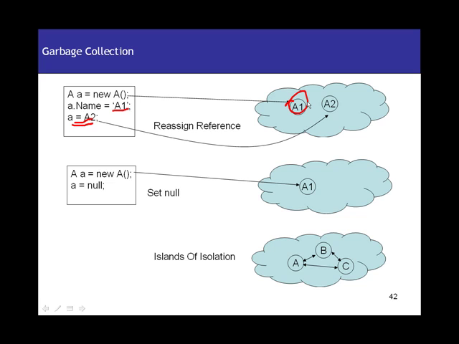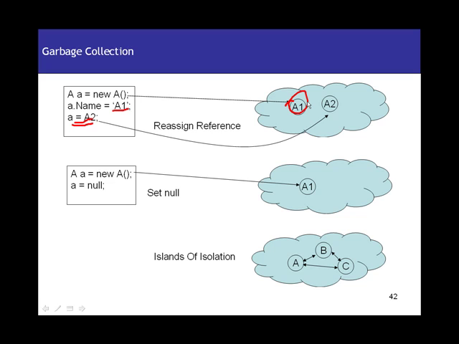How do you say whether a particular object on the heap is active or not? As long as a particular object on the heap has a reference variable in the stack, it is active.